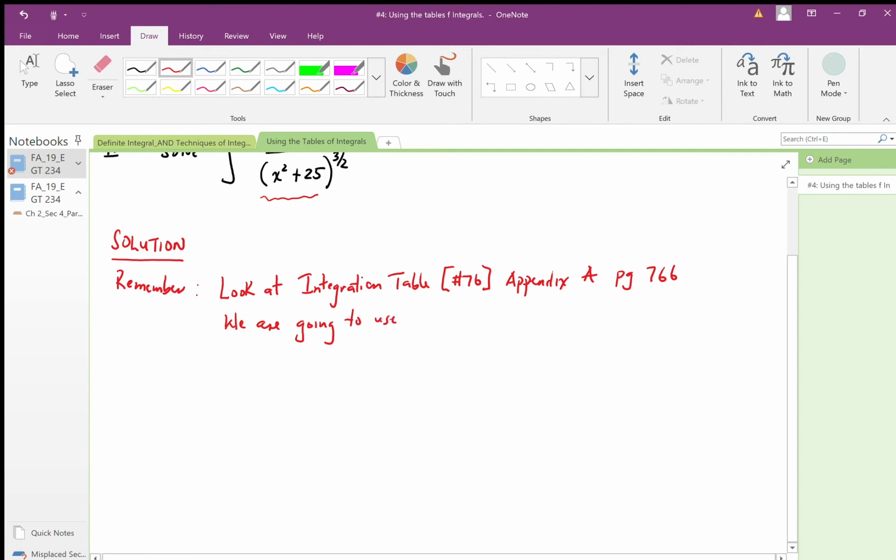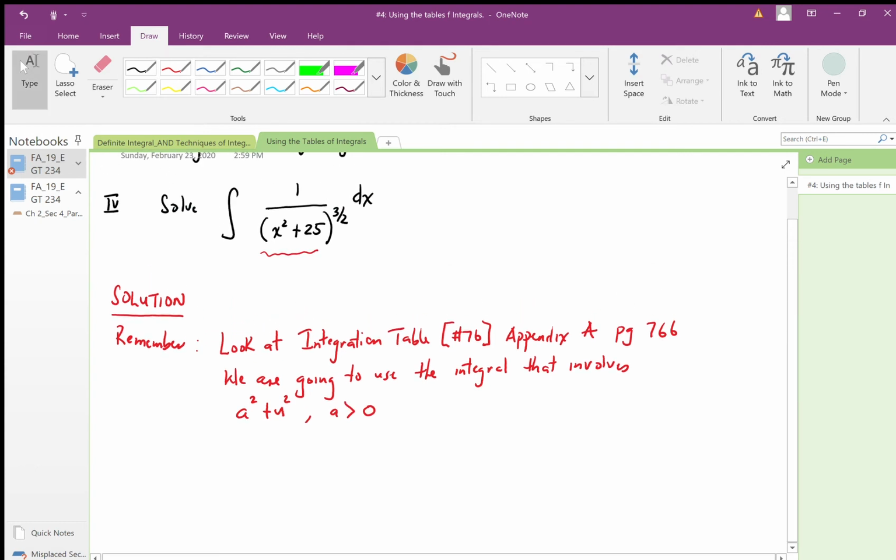Okay, so here we're going to use this integral that involves a squared plus u squared, right? Where our a happens to be greater than 0.